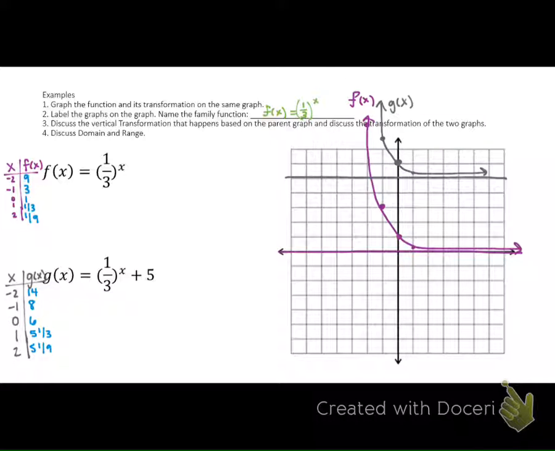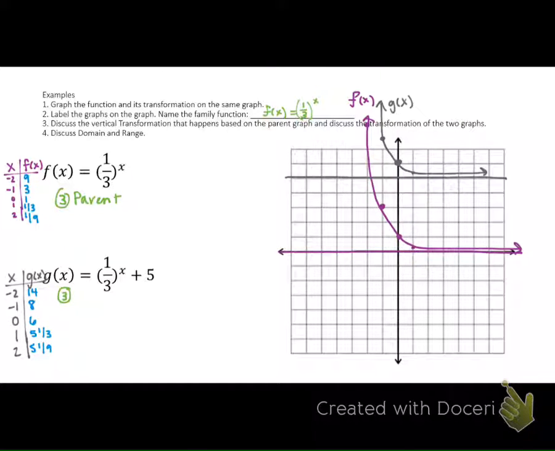So you see that both of them have a base of 1/3. So the most basic means there's nothing multiplied out front and nothing added at the end. Very good, Alex. Okay. So this one here is the parent, so we don't have to worry about this one. But we do have to worry about the transformation for this one here, the second one, g of x.